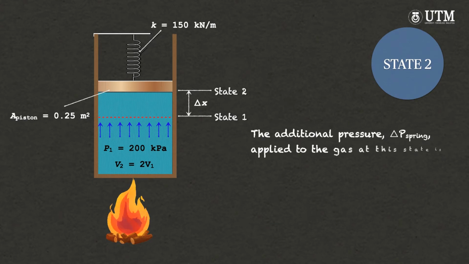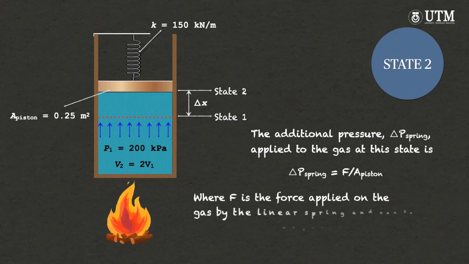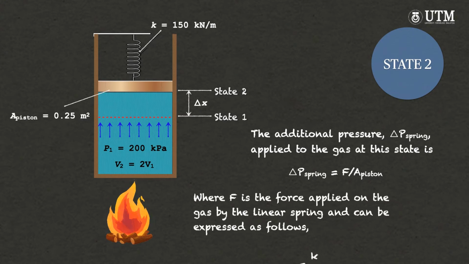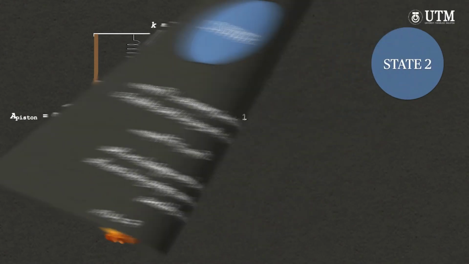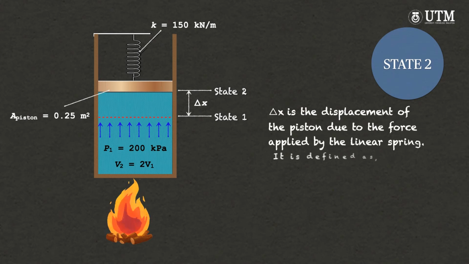F is the force applied to the gas by the linear spring and denoted as presented. Delta X is the displacement of the piston due to the force applied by the linear spring.